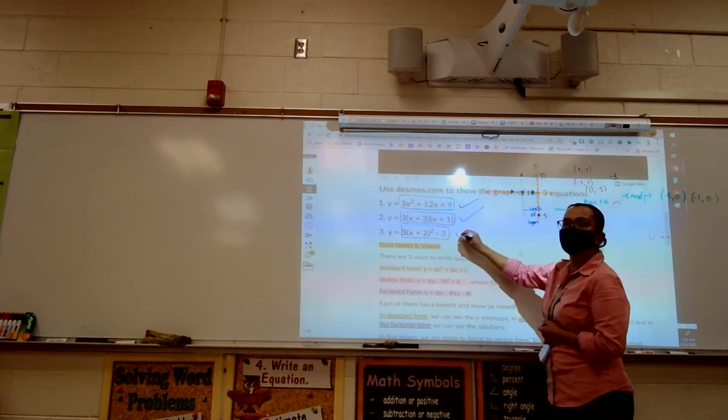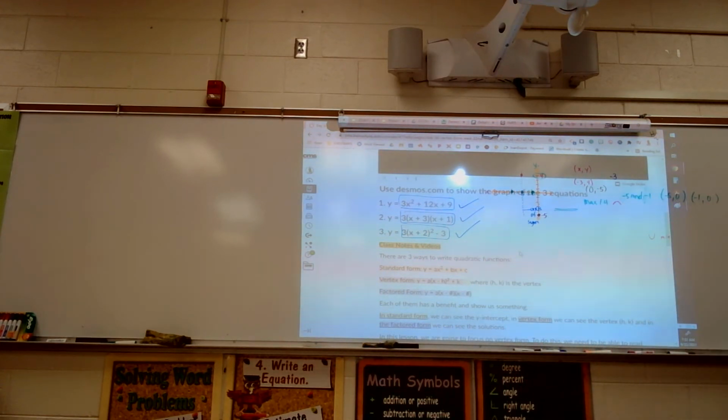¿Alguna pregunta? ¿Todos lo tienen? Sí. Todo tal cual está ahí. Three equations. Copia three equations.